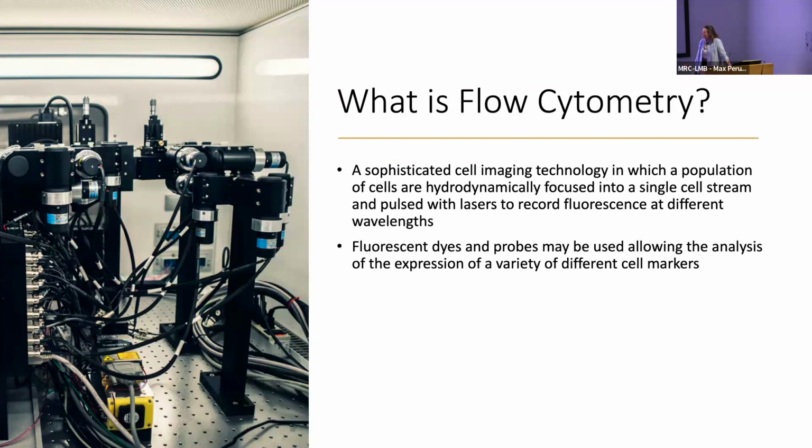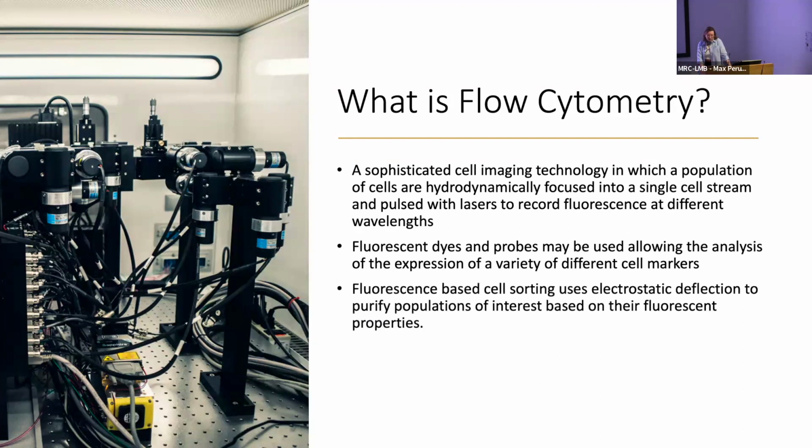Fluorescent dyes and probes are obviously used, allowing the analysis of the expression of a variety of different cell markers. We can do proteins on the surface, obviously intracellular expression as well, transgenic products linked to fluorescent reporters. The list goes on and on. So it's quite flexible. And then fluorescent-based cell sorting uses electrostatic deflection to purify populations of interest based on these fluorescent properties.